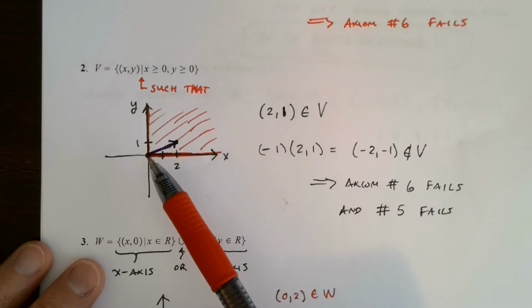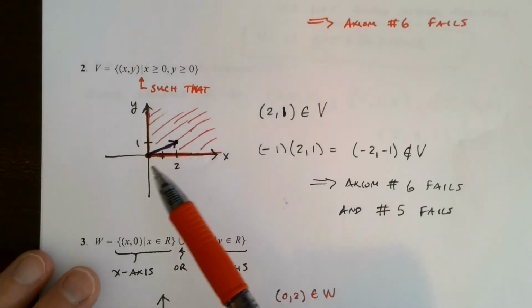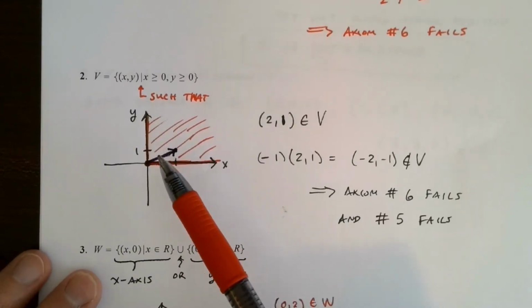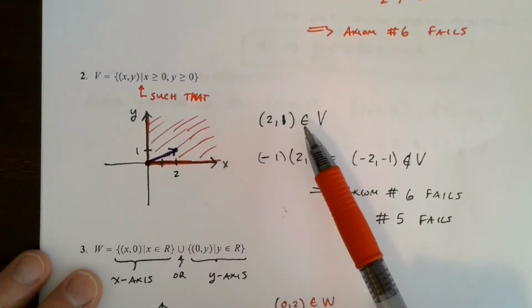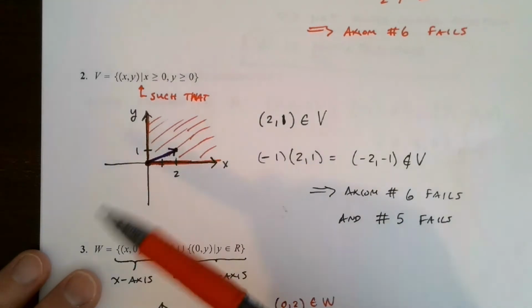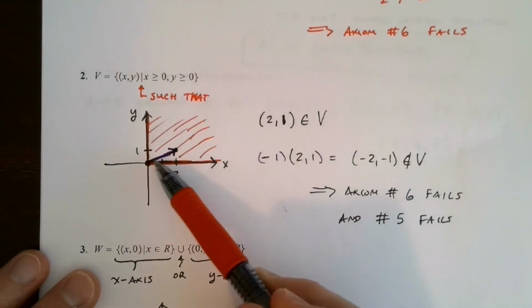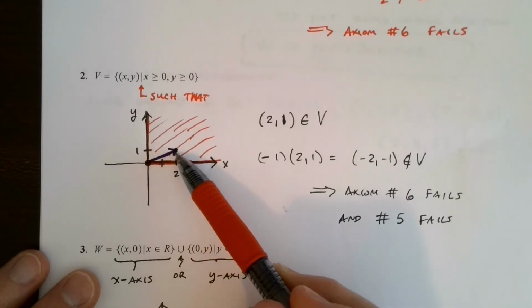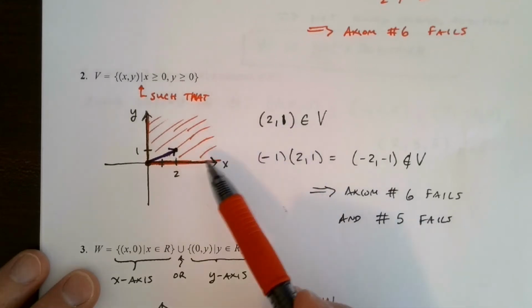We also include the origin, (0, 0), and the positive x-axis and the positive y-axis. And most of the axioms actually hold here, but number 6 and number 5 fail because the vector (2, 1) is in this set, right? So if I've got it drawn here, you can either think of the point at (2, 1) or the vector starting from the origin to that point. That's the ordered pair (2, 1). It's a vector in the set B.